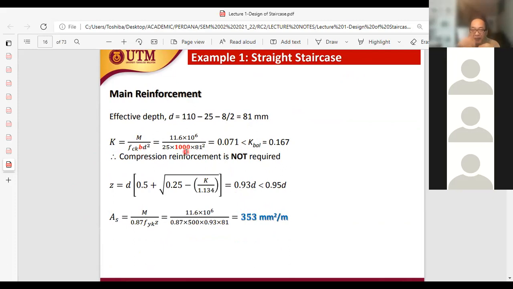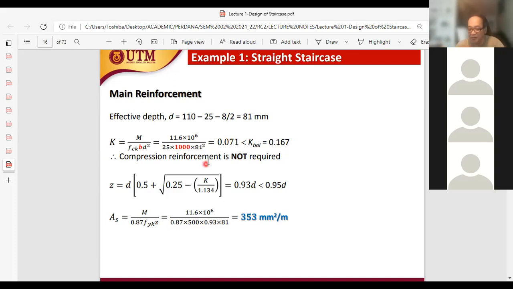Remember we multiply awal-awal tadi, multiply by 1 meter. So now it means to say that the width of the rectangular section is 1 meter because we have converted all the loadings tadi kepada kilonewton per meter length per meter width.